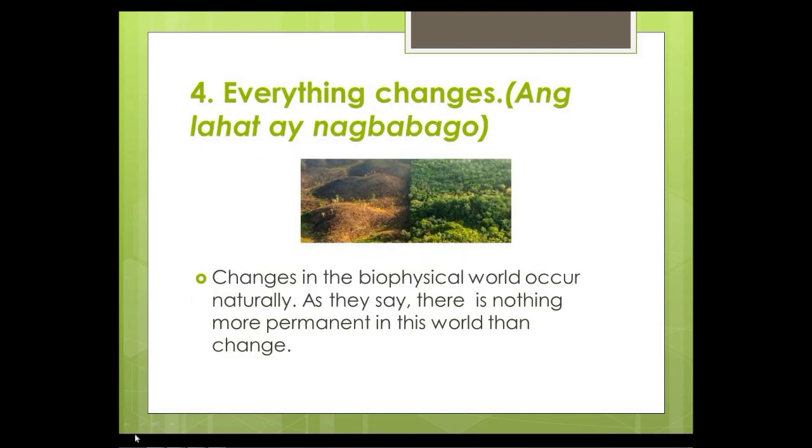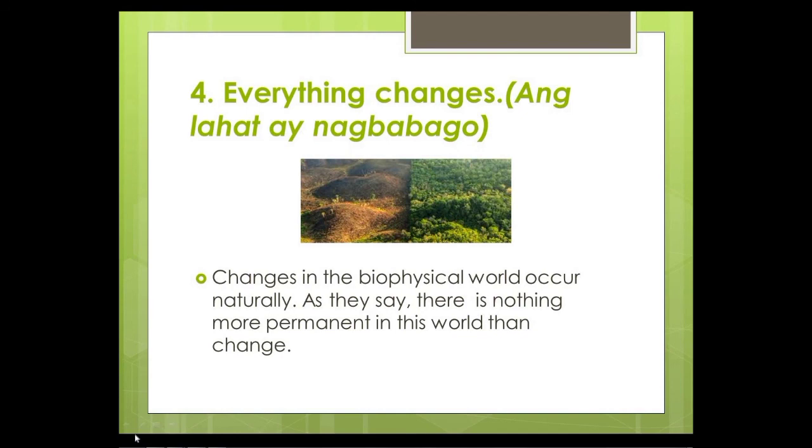Alright, so number 4. Everything changes. Ang lahat ay nagbabago. So, changes in the biophysical world occur naturally. As they say, there is nothing more permanent in this world than change. So, ano na ba yung example niyan sa kalikasan? So, unang halimbawa ay yung metamorphosis ng caterpillars papunta sa pagiging butterfly.